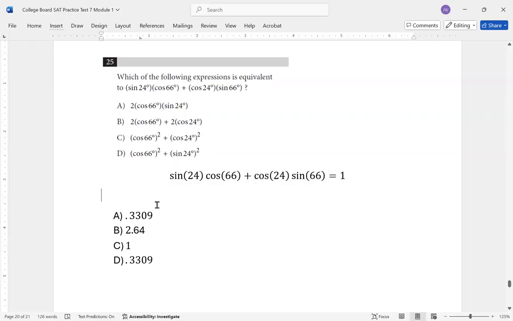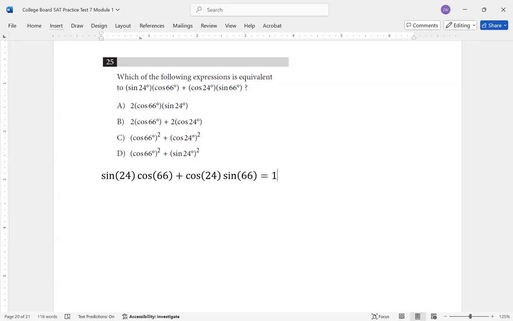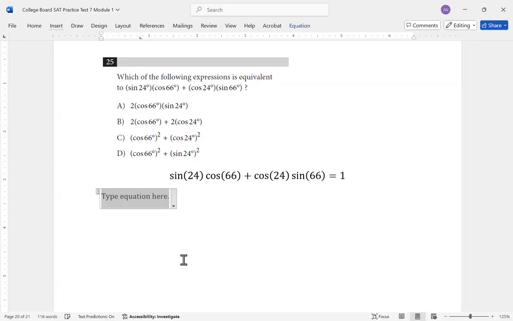There is also another way that you could do this, if you would like. The other way is through using right triangle logic.